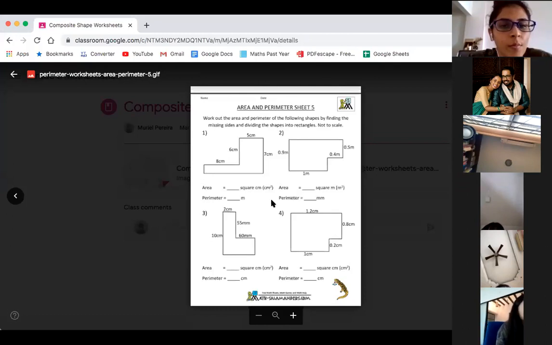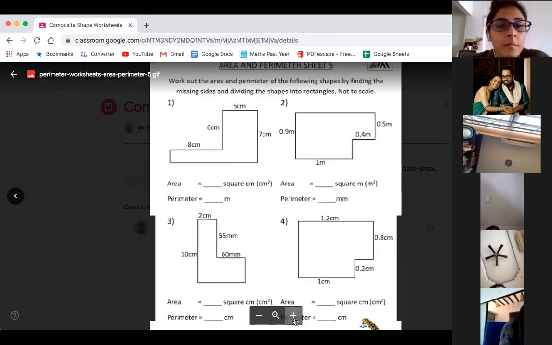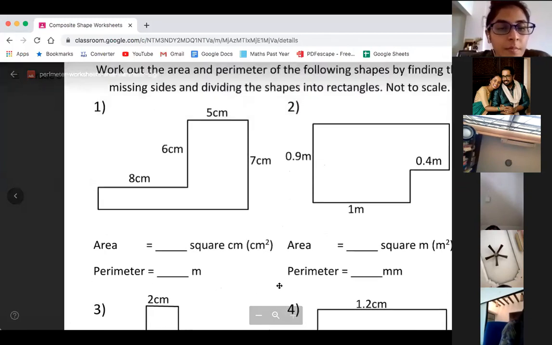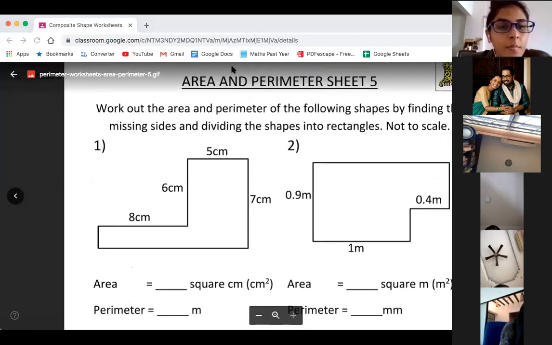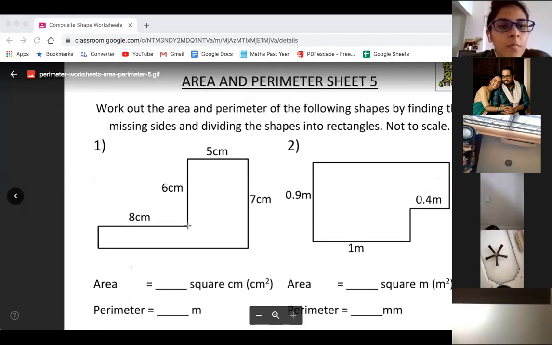So you see all of this, right? Basically, this is easy because it's just different rectangles put together. For example, if I look at question 1, I would split my rectangle into 2 shapes, shape 1 and shape 2.